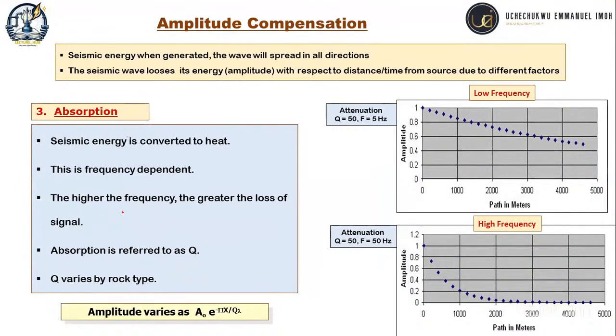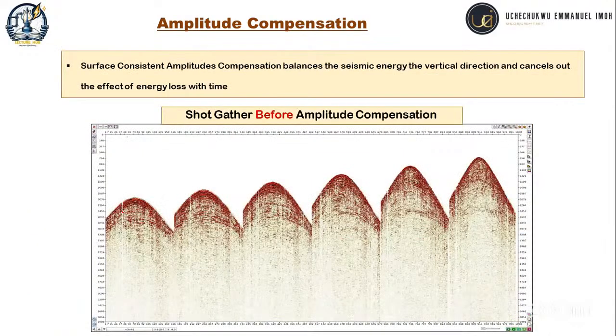So you need to compensate for this lost amplitude, and that is why you do what we call amplitude compensation. You can hear terms like spherical divergence amplitude compensation, SDAC, surface consistent amplitude compensation, and all that. So before and after amplitude compensation, you have this on your shot gather.